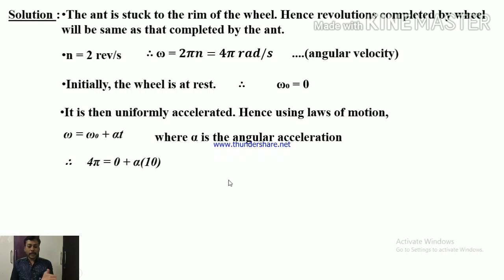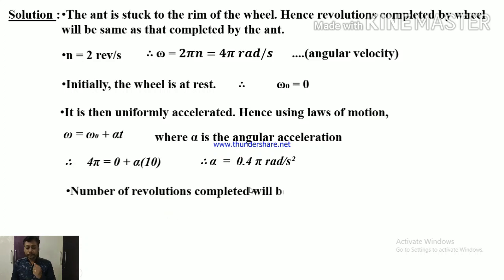Here omega is 4 pi, omega 0 is 0, and t is 10. From this we can derive the value of alpha, and that is 0.4 pi radian per second square. So angular acceleration is 0.4 pi radian per second square.